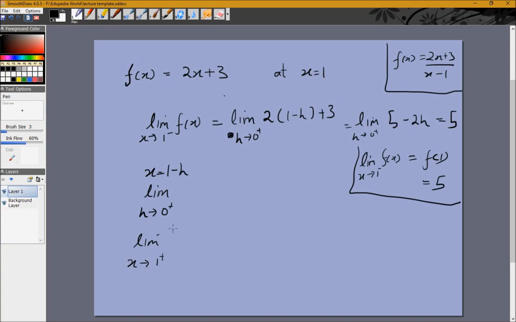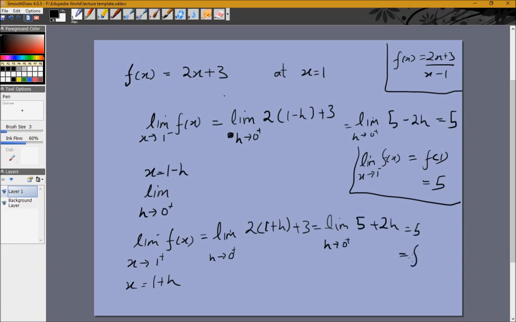The limit as x goes to 1 plus of f(x) means that I will just take x equals 1 plus h, and this will give me the limit as h goes to 0 plus of 2 times (1 plus h) plus 3, which is the limit as h goes to 0 plus of 5 plus 2h, which is 5, which is again f(1).